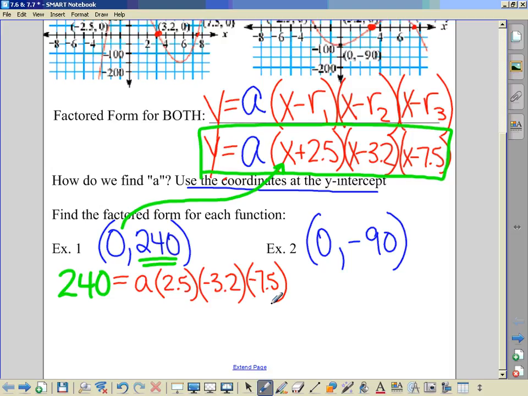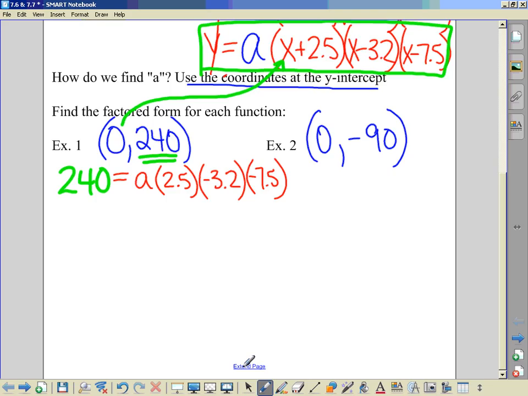In the second example, we're going to do the same thing, but we're going to change the 240 to negative 90. So I'm going to go ahead and leave this equation in place, and let's go ahead and solve for a. So we need to multiply 2.5, negative 3.2, and negative 7.5.